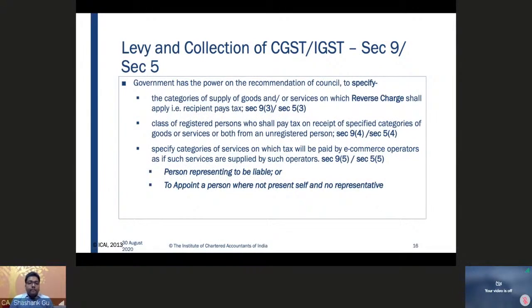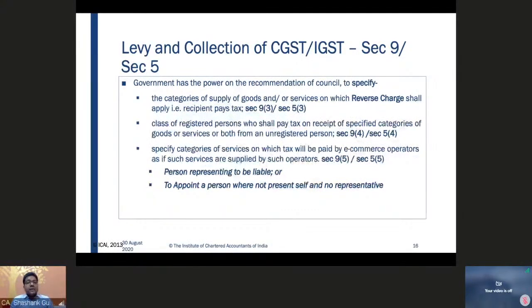So this is a specific category of reverse charge. There are notifications, and notifications prescribe in what case of supply of goods it will be the recipient who will be liable to pay, and in what case of supply of services it will be the recipient who will be liable to pay. So there are certain specific categories which have been prescribed, and that we are going to discuss in today's session.